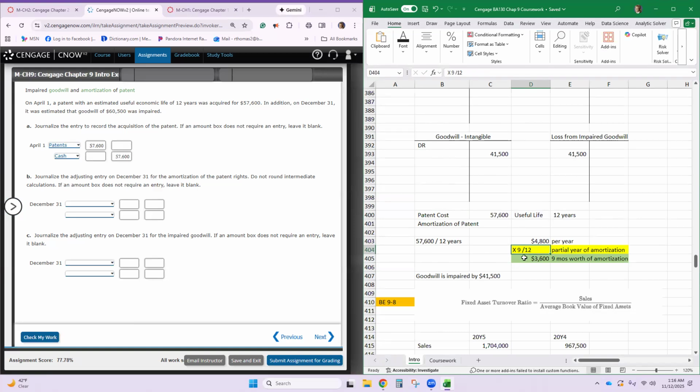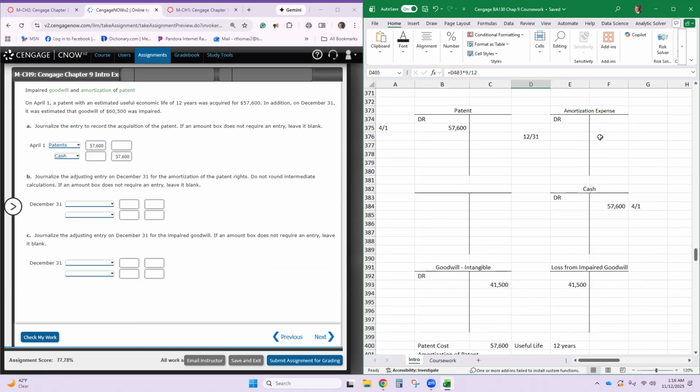This is a partial year, because we got this on April 1st. So 3 months had already passed in the year. So we had 9 months to go. So we're only going to show amortization expense of $3,600.